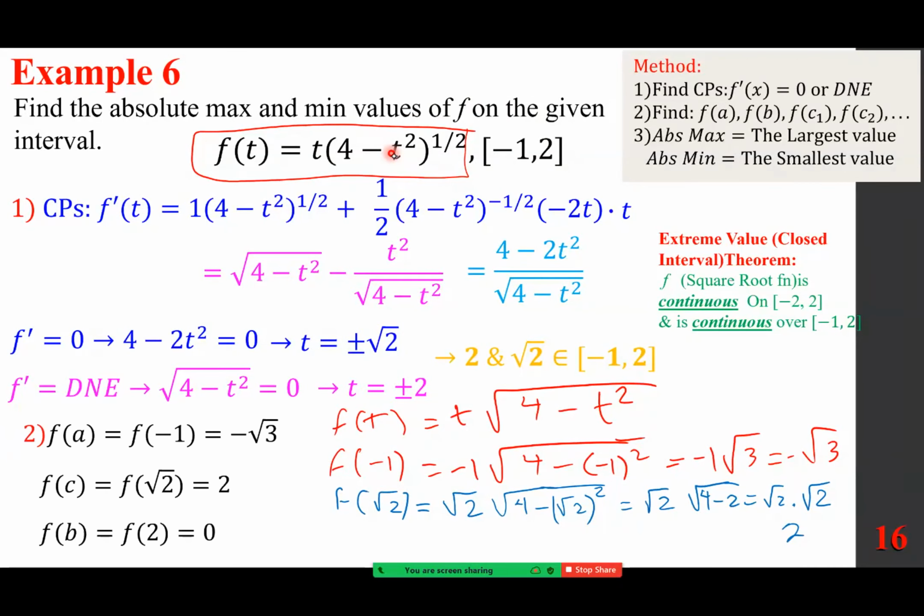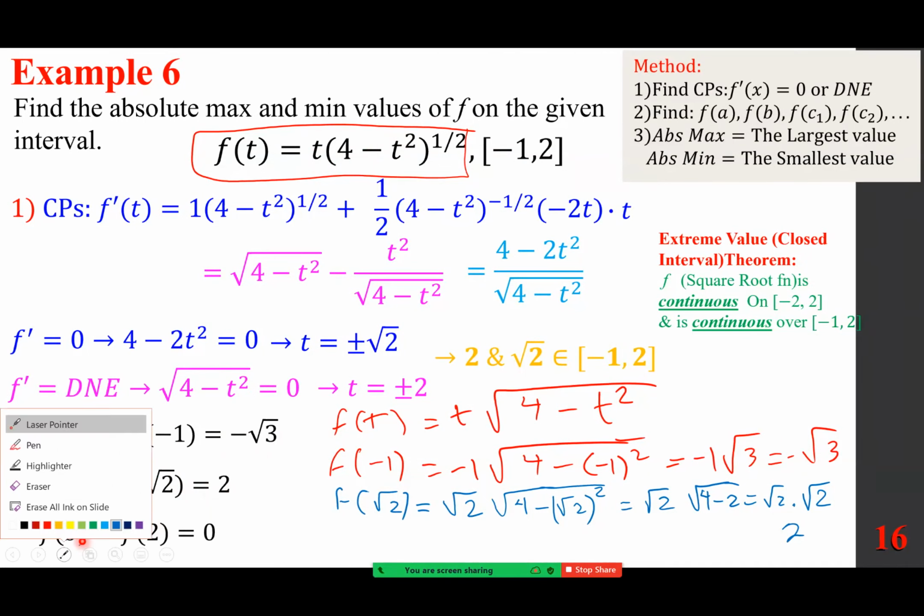Therefore, we have the following. F of a, meaning the first endpoint, -1, we showed it's negative square root of 3. F of the critical point square root of 2, we worked it out and we showed it's 2. F of 2, if you plug in 2, this is 2 and this becomes 0, the product is 0.